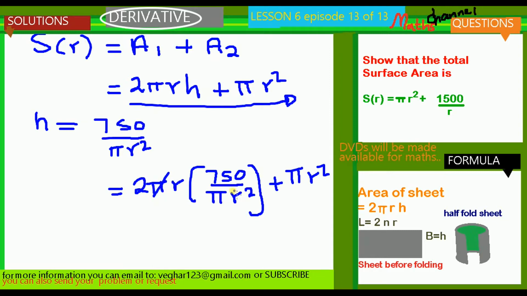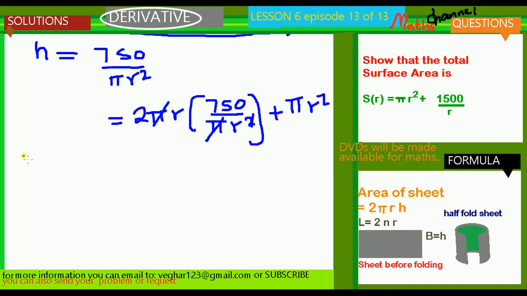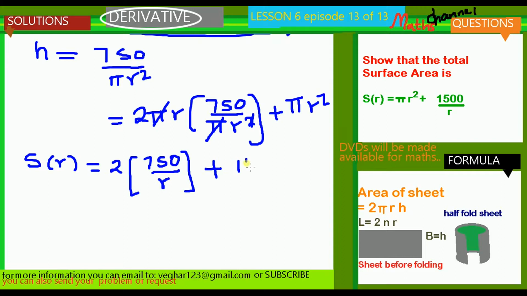So the pi will cancel the pi, and the r's will cancel one of the r here. So you'll have something like this as the final answer. You have something like 750 divided by r plus pi r square.